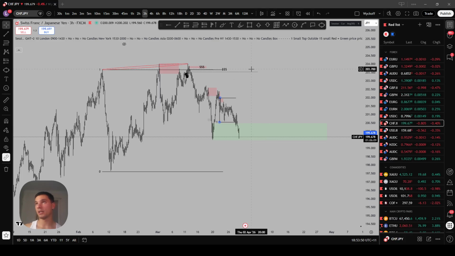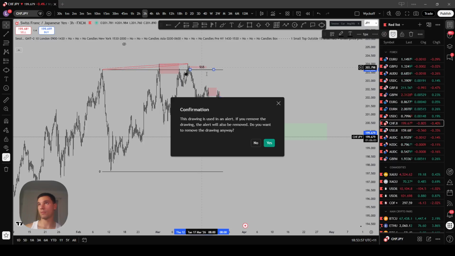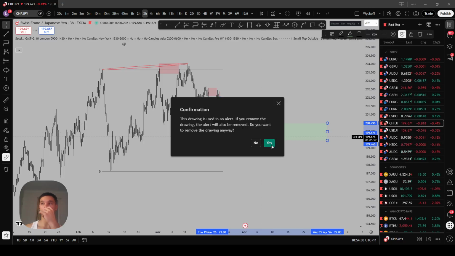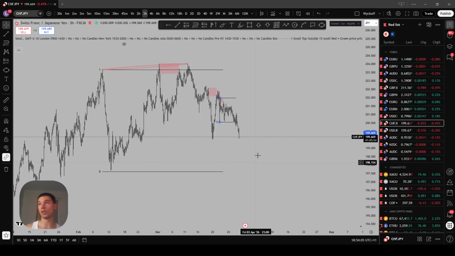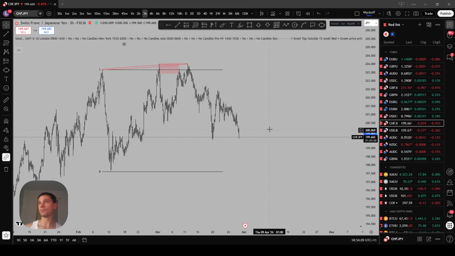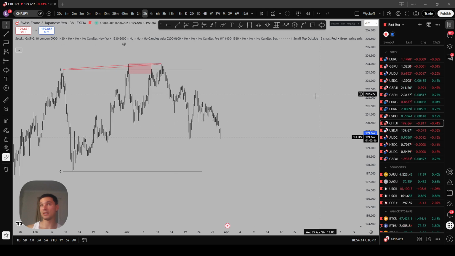So can only expect price to go lower. So yeah, we're still in a pro-distributive environment, and we can only expect price to go lower because we are in a confirmed higher time frame distribution. I will leave that as is.